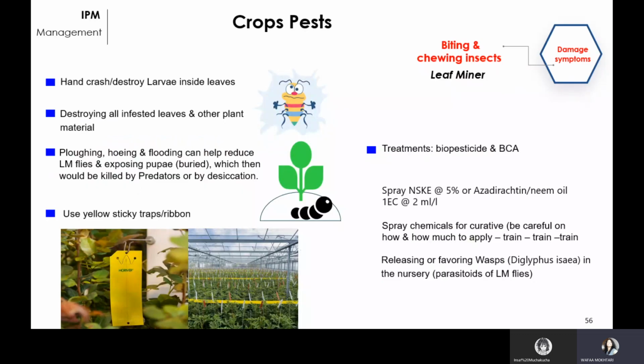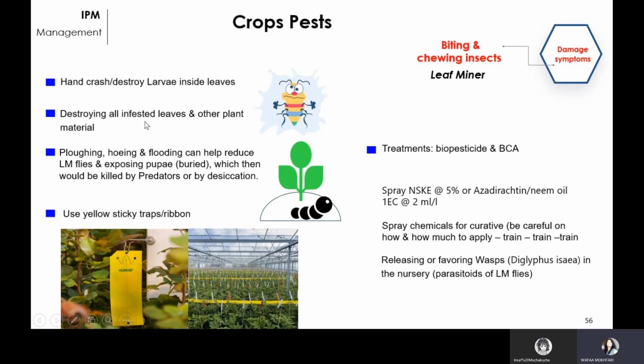So how to control the leaf miner? There are a lot of things here, and I will make sure to have time to go through all these kinds of control. But for IPM management, I can give some examples. For example, you may hand crush or destroy larvae once you see them inside the leaves.